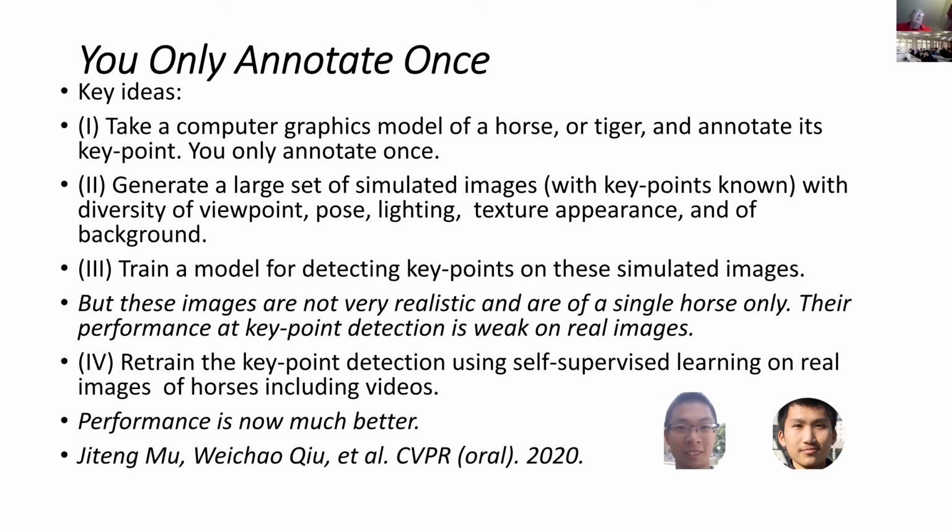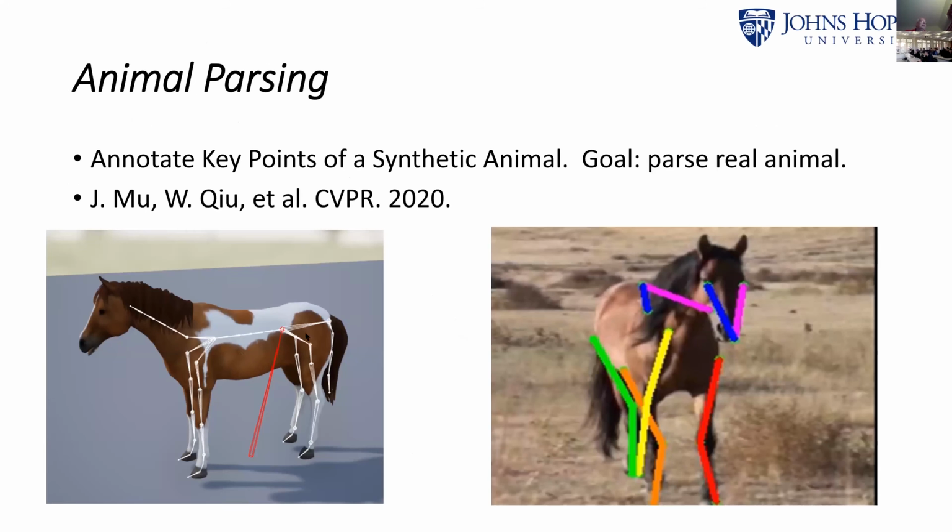If you do that, originally it doesn't work terribly well if you try and test it on real images. But if you start off like that and then you retrain it on real images using self-supervised learning, you get a lot better performance. So here is a synthetic horse.